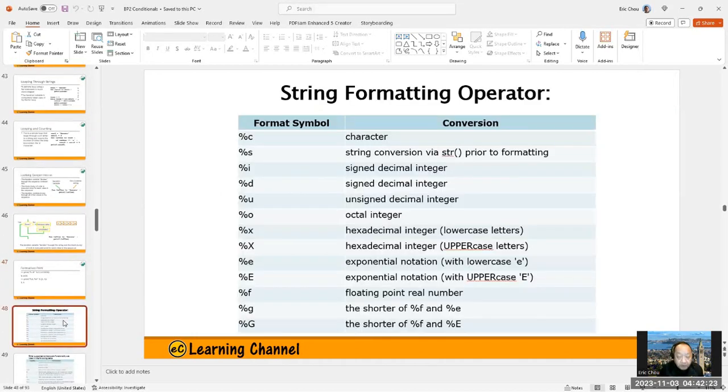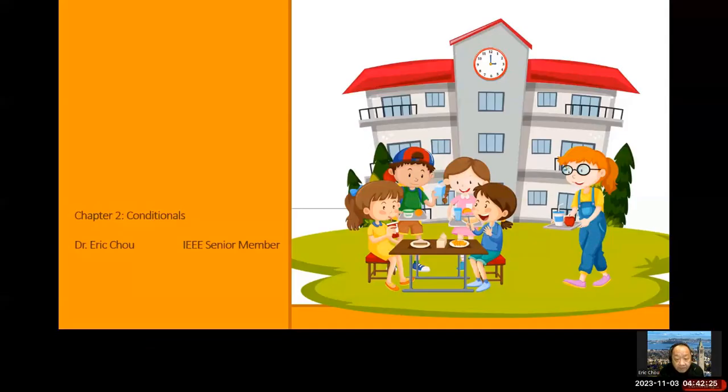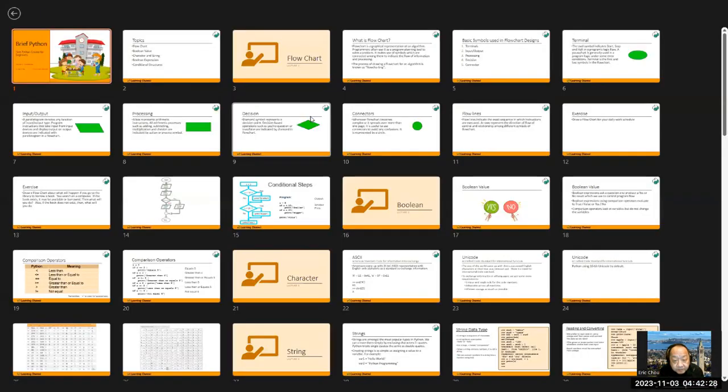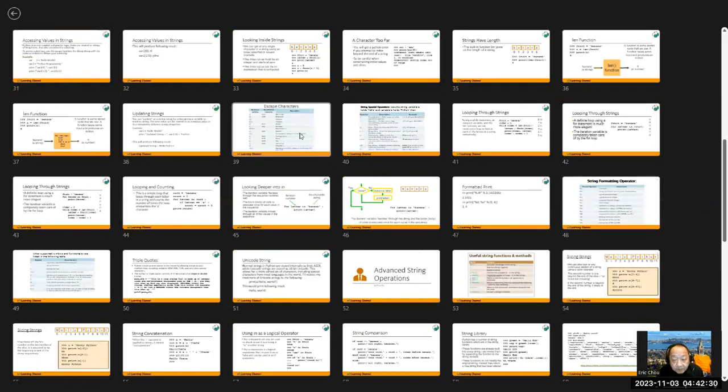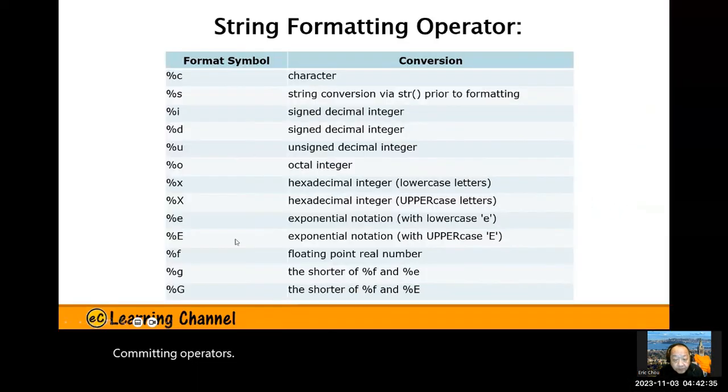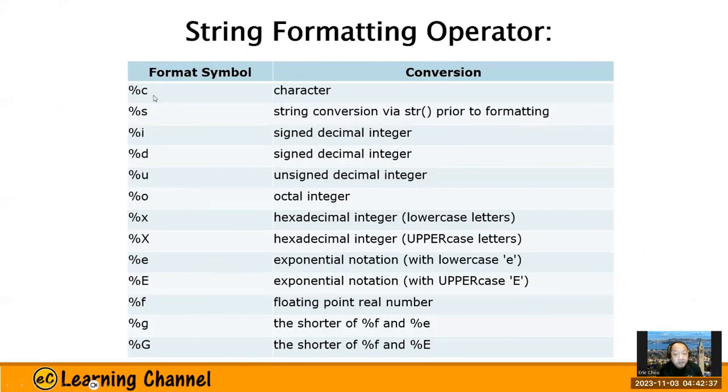So here we have more string formatting operators. C for character, S for string, I for decimal integer, D for decimal integer, U for unsigned integer, E for floating point in scientific notation, F for floating point.